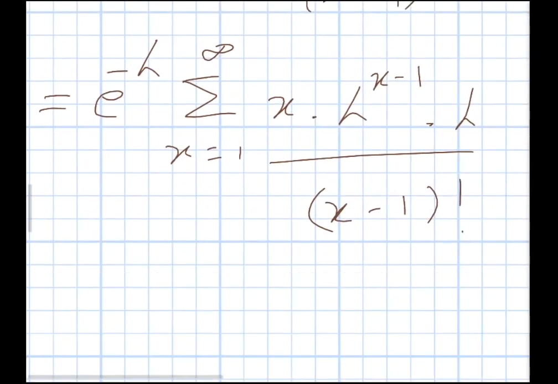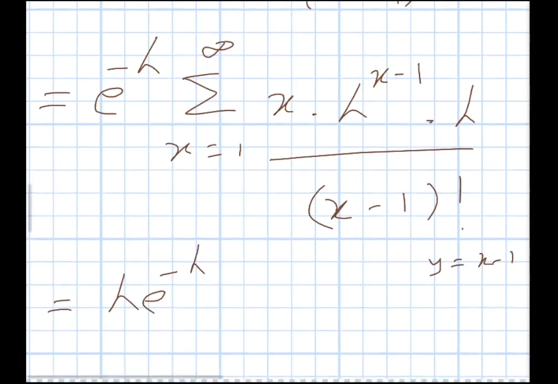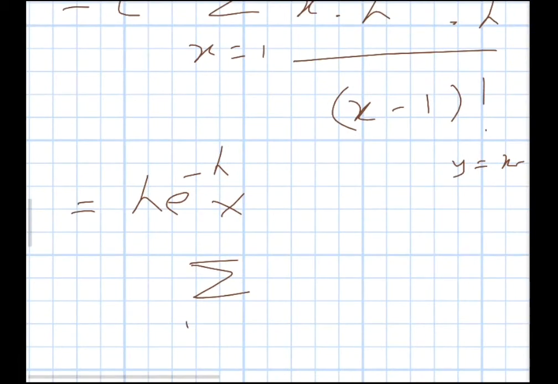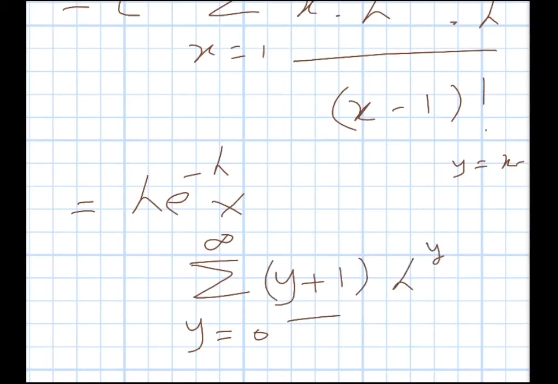This lambda we can take outside, so we get lambda e to the minus lambda, and then here we can put y equals x minus 1. So then times the sum from y equals 0 to infinity of (y plus 1) lambda to the y over y factorial.